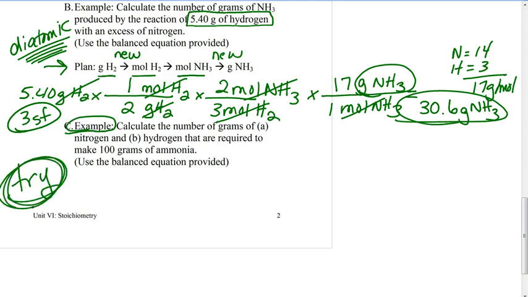I do not want to see squiggles. I do not want to see things like, oh, I didn't know how to do it. Go back to this example that I just went through with you. Start off with your new given, solve for the amount of nitrogen and also for the amount of hydrogen.